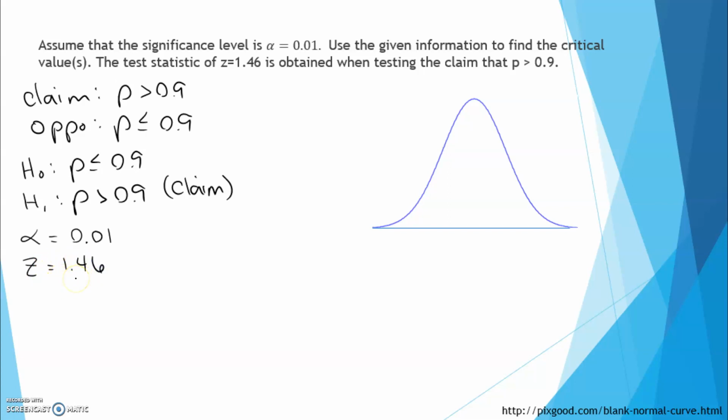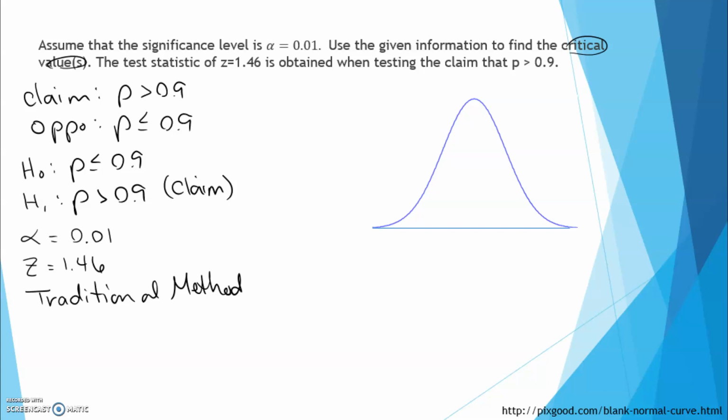Step 6 is use the p-value method or the traditional method. Anytime you see the words find the critical value or values, that's going to be using the traditional method. Okay, so I need to find my critical region. And it says that we're going to use alpha to do so.